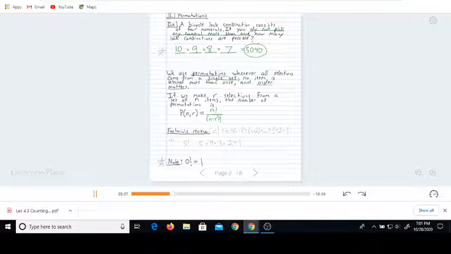Now, in case you need a little bit of a review, n factorial basically means n times the number just below that, times the number just below that, times dot dot dot 3 times 2 times 1. It's basically countdown multiplication. So factorial means you are multiplying in a countdown until you hit 1.